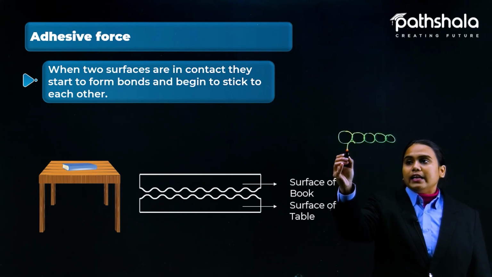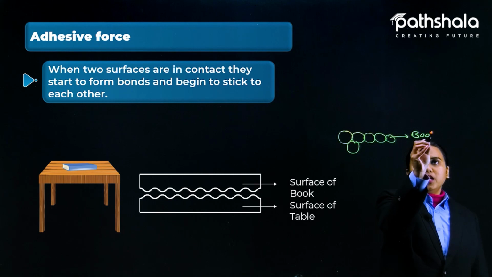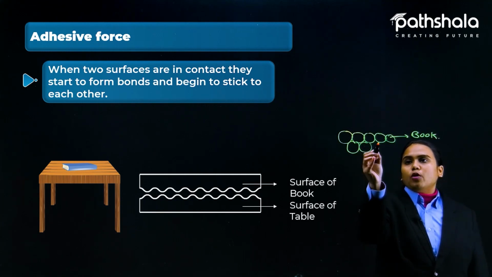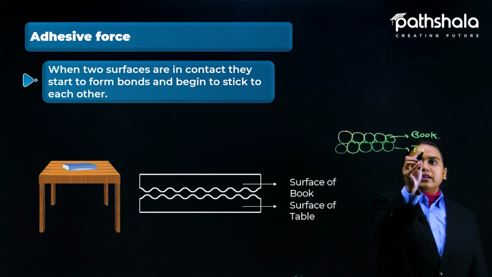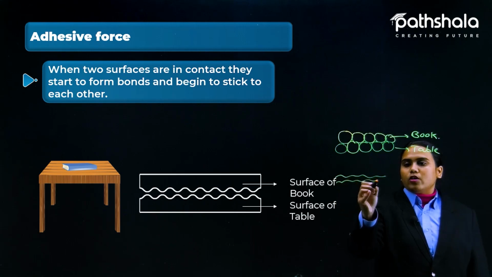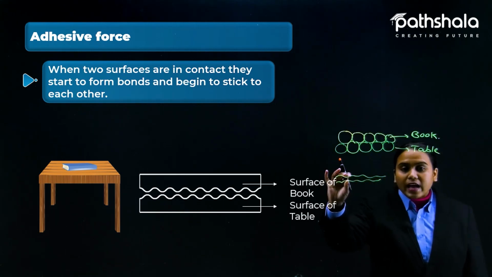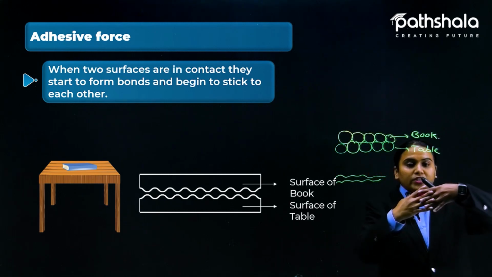Let's suppose these are the molecules of the book, and these are the molecules or atoms of the table. This makes this surface irregular, and this one is also irregular. So the irregularity gap between these two surfaces gets fixed to each other like this.